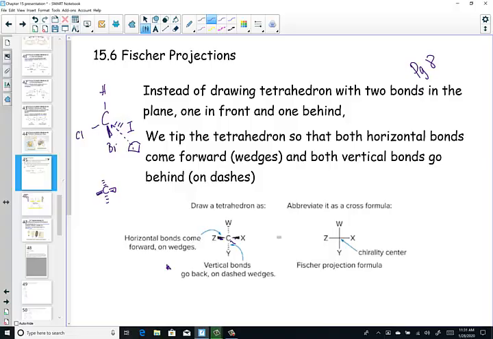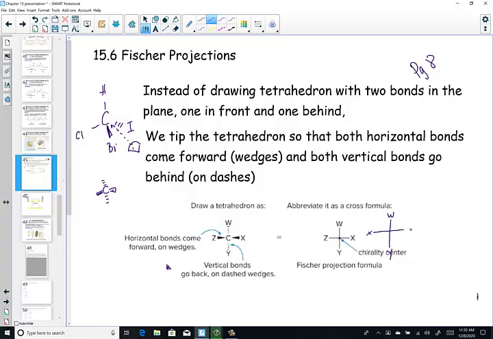When we look at it this way, the chiral center now becomes the middle portion of a cross in that cross formula. Very easy to draw with a little bit of practice. And it saves us the time of deciding what's going to be a dash, what's going to be a wedge when we draw mirror images. Because quickly I can see a mirror image of this molecule has X and Y still up and down.